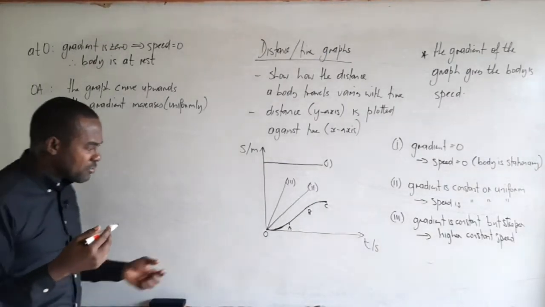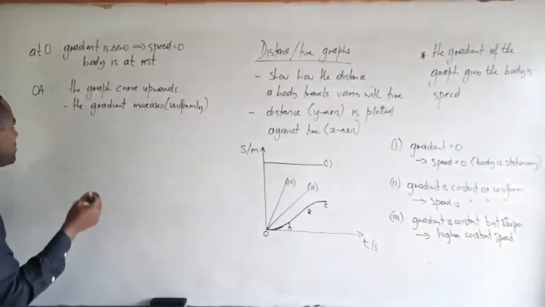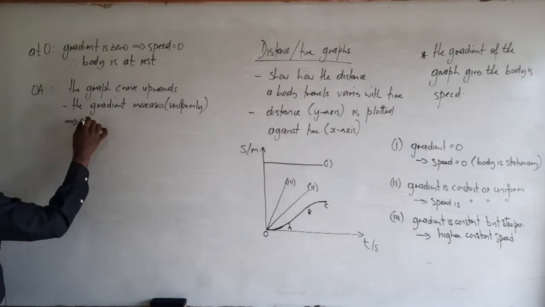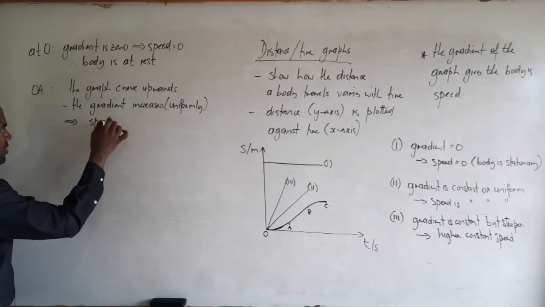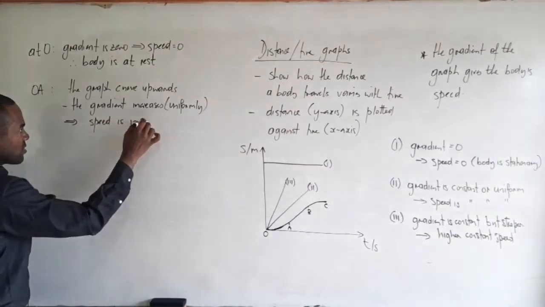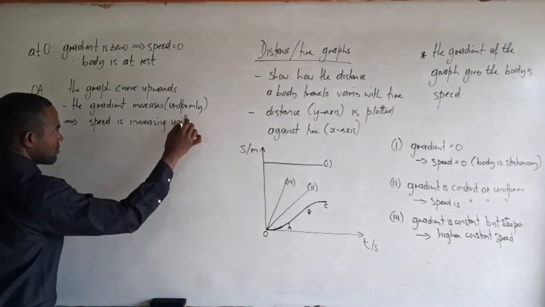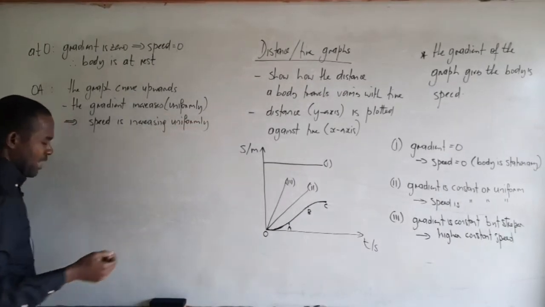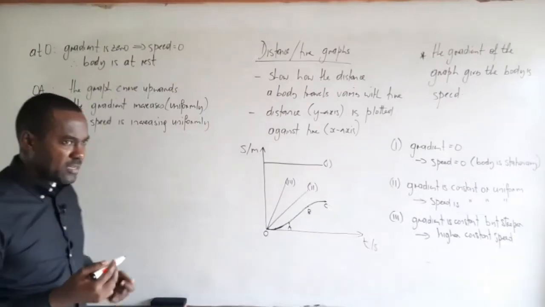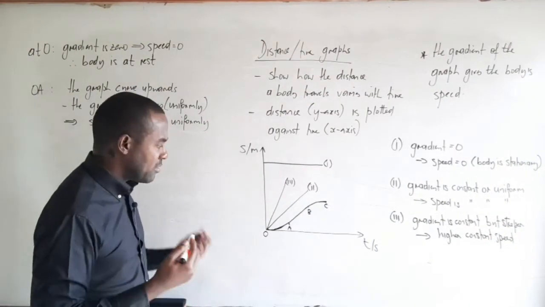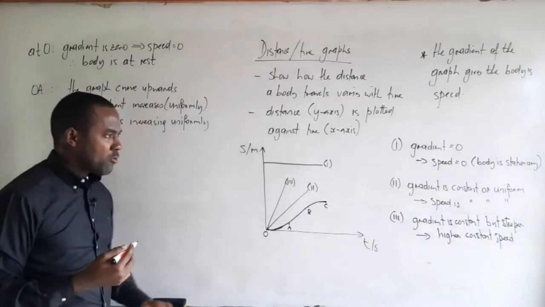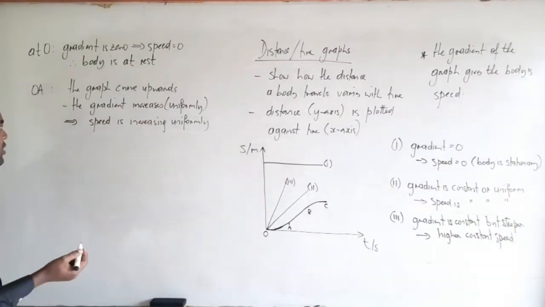And if the gradient is increasing uniformly, then this means that the body's speed is increasing uniformly, right? And of course, if the body's speed is increasing uniformly, then this means that the region OA represents uniform acceleration, right?